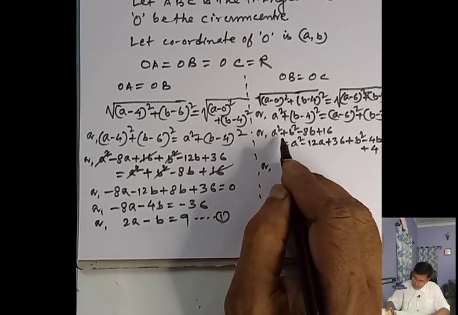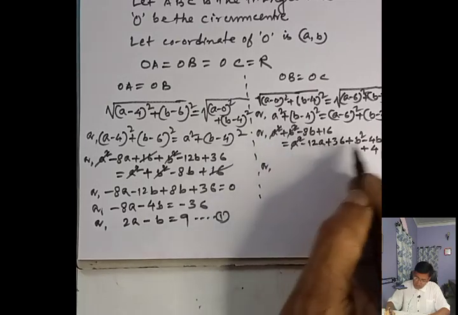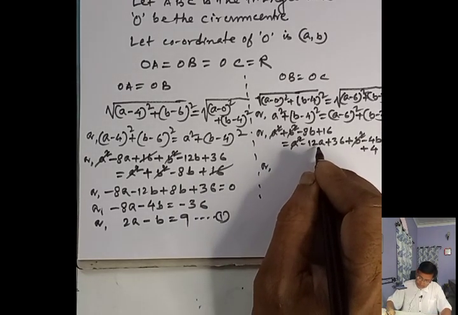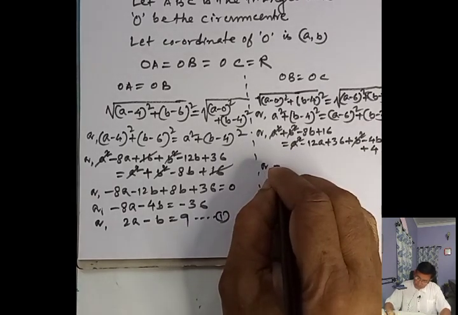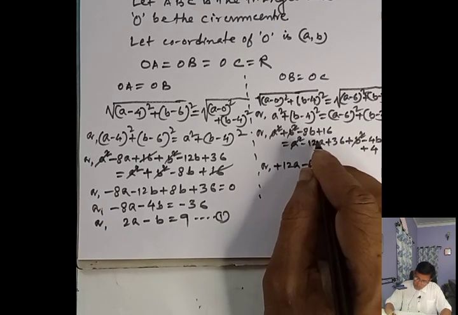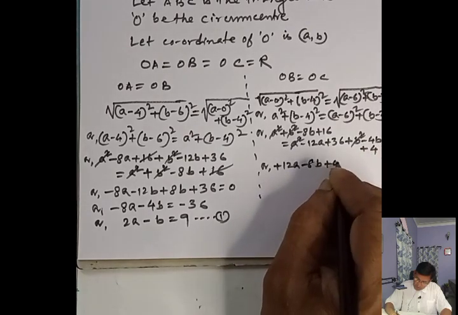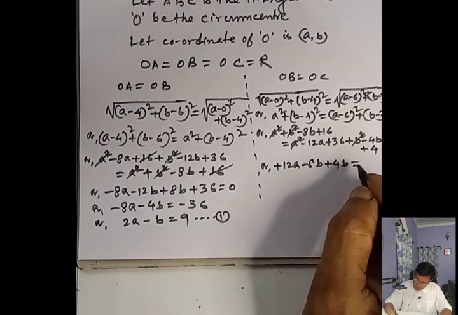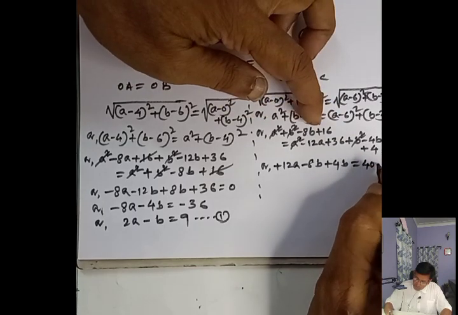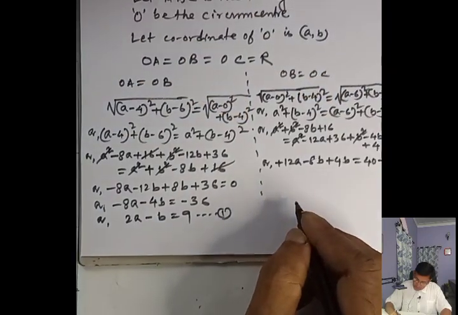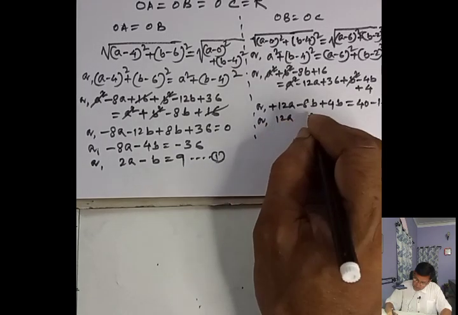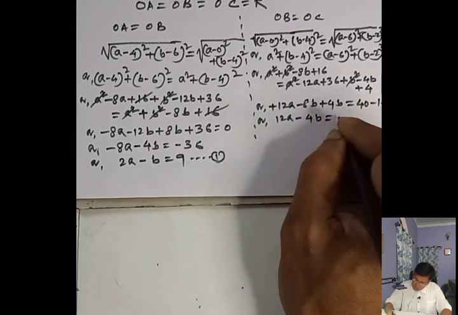Now cancelling a square and b square on both sides, let us rearrange it: plus 12a minus 8b plus 4b is equal to 36 plus 4 minus 16, or 12a minus 4b is equal to 24.